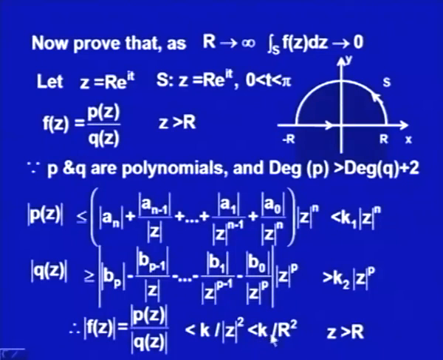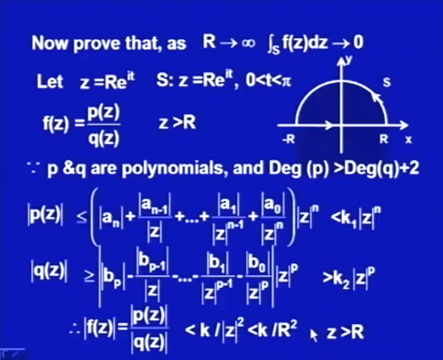That is, we have found an upper bound for f(z) for all z above this r. We have taken this semicircle and we are trying to take the limit as r approaches infinity, going to higher values.